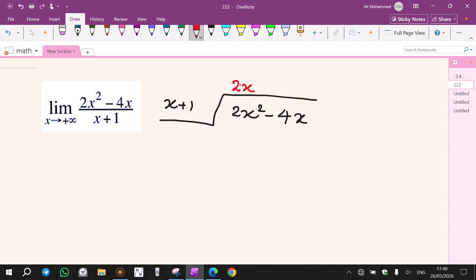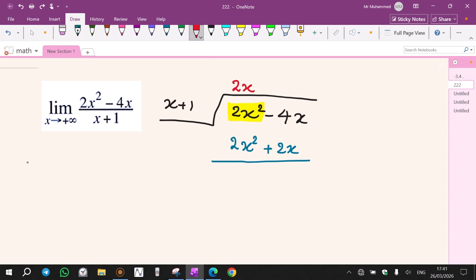Okay, multiply 2x by x and 1. 2x times x is 2x squared. We really need to write this term as it is, with the sign and everything. 2x squared, that's correct. Now 2x multiplied by 1 is plus 2x.